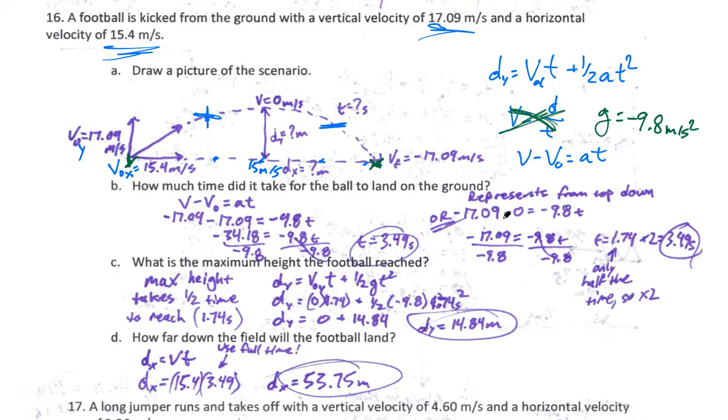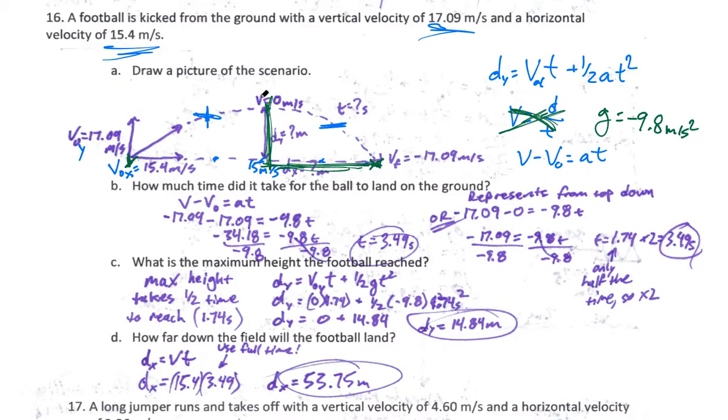The other way to do this problem is to assume that we're just going from an initial velocity of 0 at the top here, not even having to deal with the front half, and only dealing with this part. If I did that, I'd come out with a time of 1.74, but then I'd have to realize, what does that 1.74 represent?